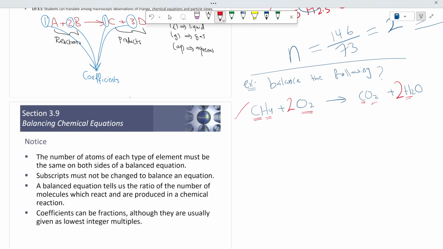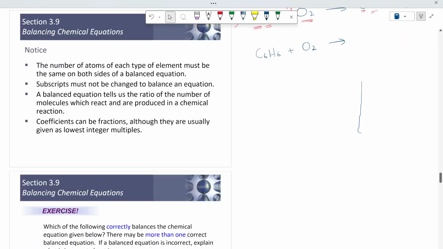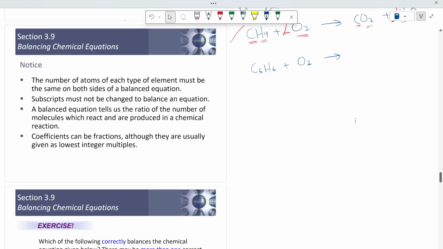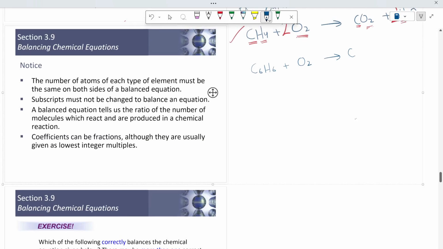Another example. Let's say you have a reaction between C6H6 and O2. The products of this reaction are carbon dioxide, CO2, and water.